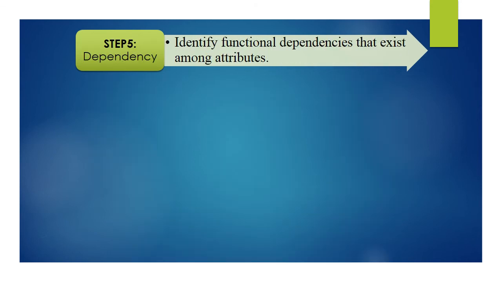In step 5, you have to identify the functional dependencies that exist among attributes. You watched a video and completed an assignment on functional dependency. So if you need a refresher, rewatch that video or refer to your notes in your journal. When looking at the transaction table, all attributes are dependent except for the item price.